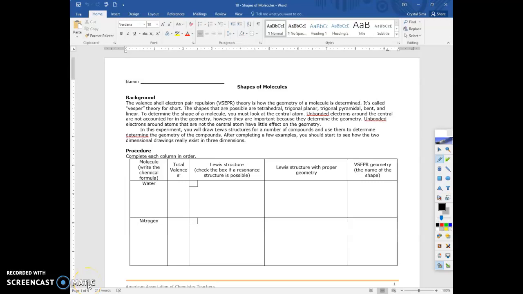In the last video, I showed you the structure of water, so now let's take a look at nitrogen. When you look at nitrogen, you think, just a single nitrogen atom, but that's not the case. Nitrogen is an example of a diatomic molecule, which you read about.